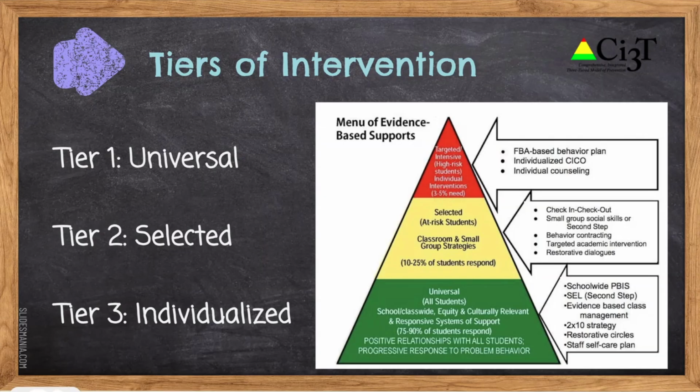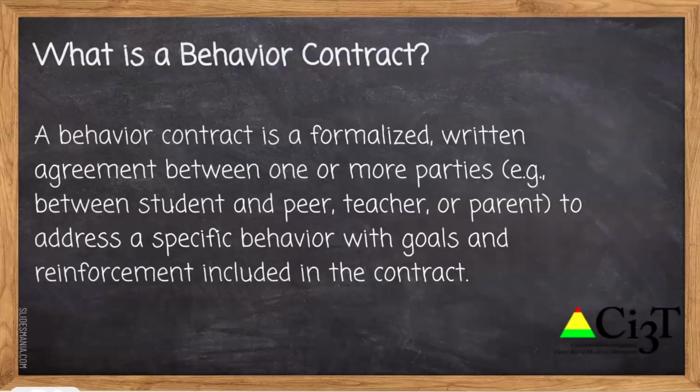Tier 3 is intensive and individualized. It's usually a very small percentage of the population of your schools, 3 to 5%, maybe. Those are the kids that everybody knows who they are. They're on everyone's radar, so everybody is involved in trying to ensure that those students have a successful school experience.